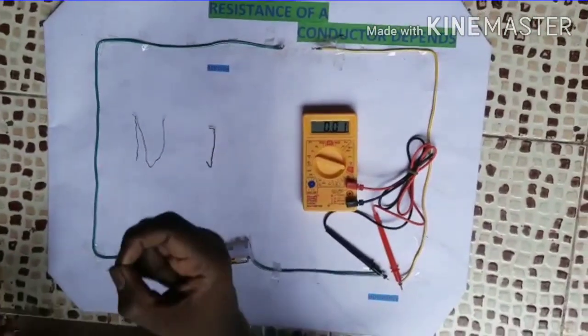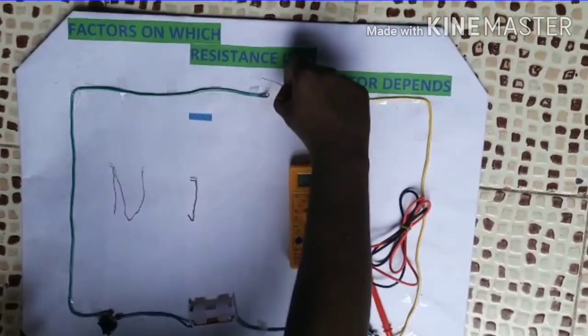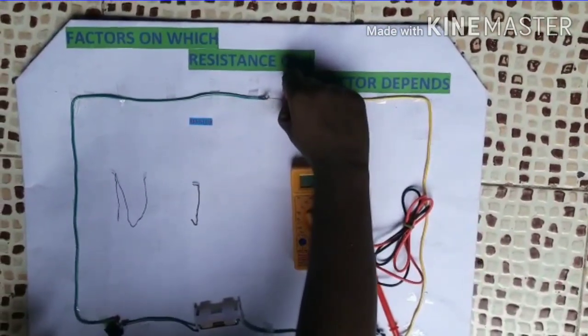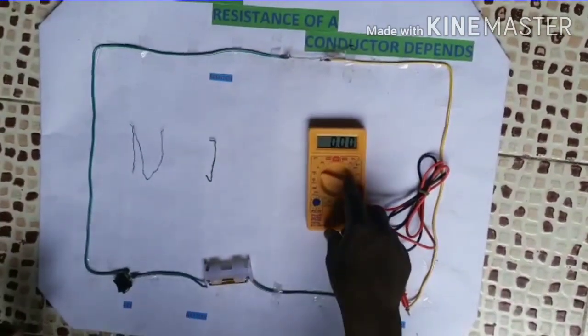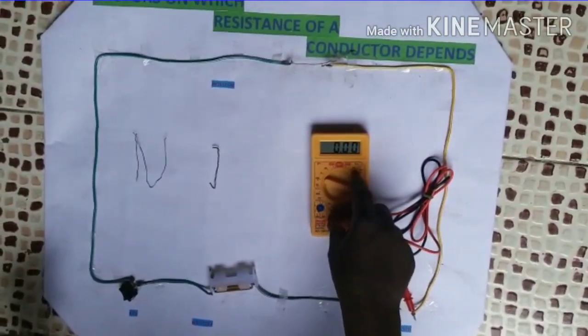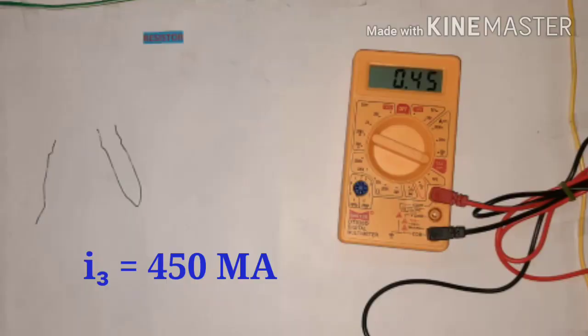Now connect the copper wire with length L and diameter D. Switch on the key and note down the multimeter reading. The multimeter reading is 450 milliamps. We can say it as I3 is equal to 450 milliamps.